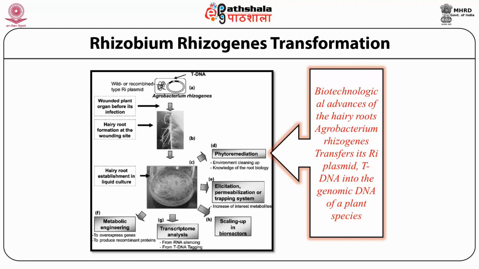That is, it is used in the process of phytoremediation. It increases the permeability or trapping system of the root. It is also used in the scale-up process in the bioreactor, helps in proteomic analysis, and is also used in the study of metabolic engineering and in the production of vaccines and antibiotics.